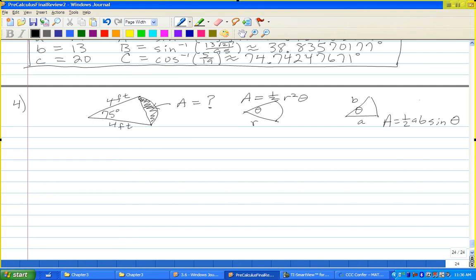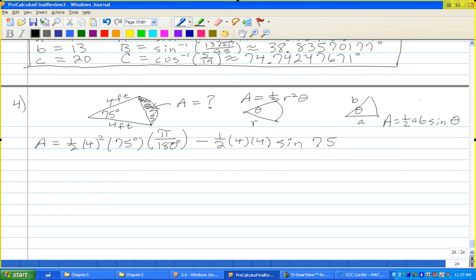Okay. So the area that we want is the area of the sector, and in this case, for this formula to work, the area of a sector, this has got to be written in radians, minus 1/2 AB sine theta.